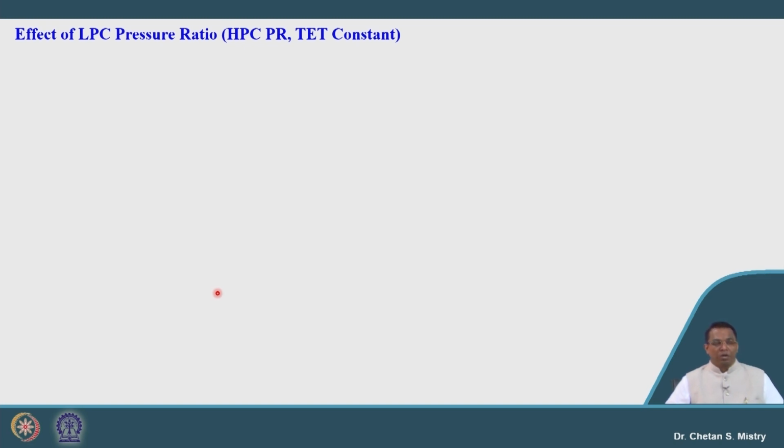Now, let us take the first parametric study. The parametric study we are selecting is the effect of LP compressor pressure ratio. We will keep the HP compressor pressure ratio constant and the turbine entry temperature constant.